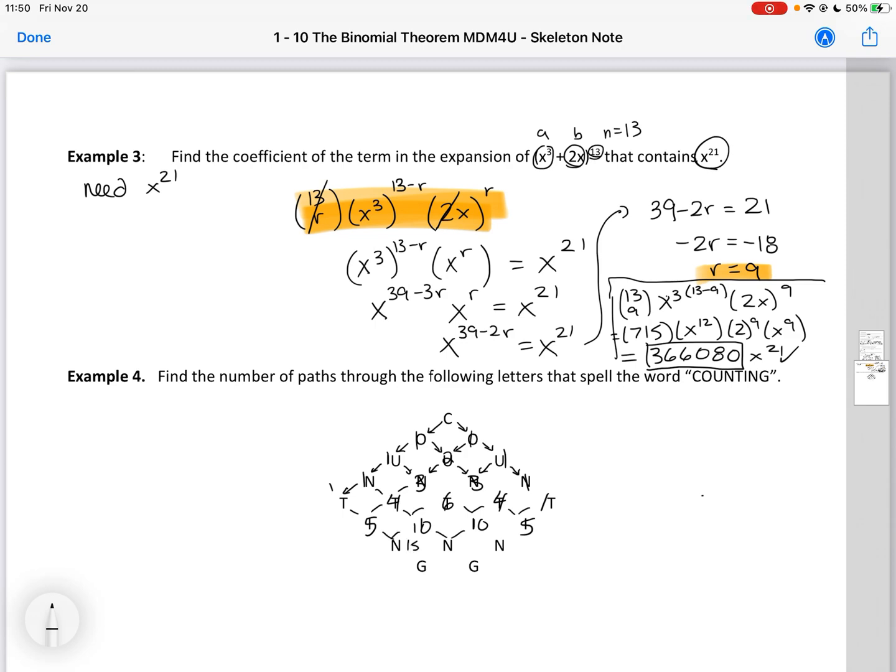Going back in again. 15, 20, 15. And then my last at the G's, I've got 35 ways to get to each G, which means that my total number of paths is just going to be 35 plus 35, which gives me a total of 70 ways to spell the word.